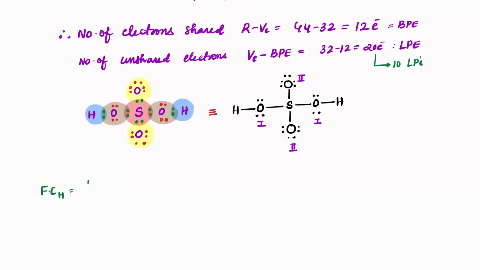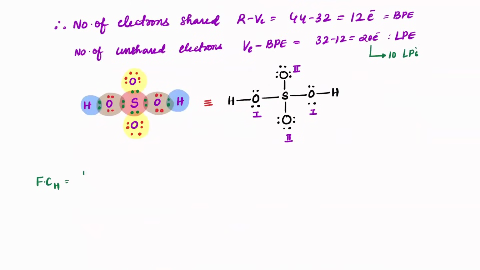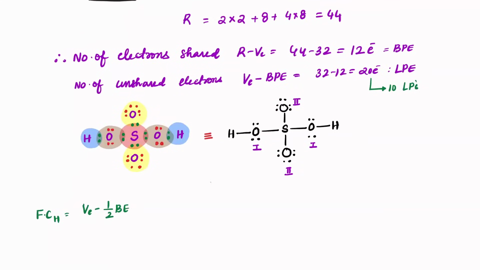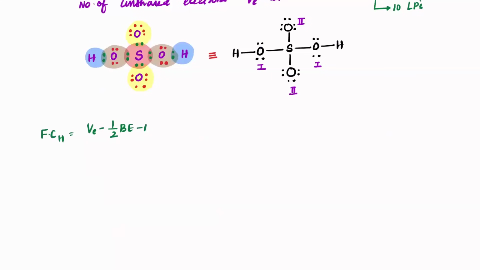Formal charge of hydrogen as per the formula, go back and check, is valence electrons minus half of total bonded electrons, minus the number of lone pair electrons. So that is equal to: hydrogen has only one valence electron, minus half into bonded electrons, which are 2, and there are no lone pairs on it. So therefore the formal charge on hydrogen is 0. And now let me see the formal charge of oxygen of one kind. Okay, so that means this kind. These two have similar bonds, so I'm taking that.